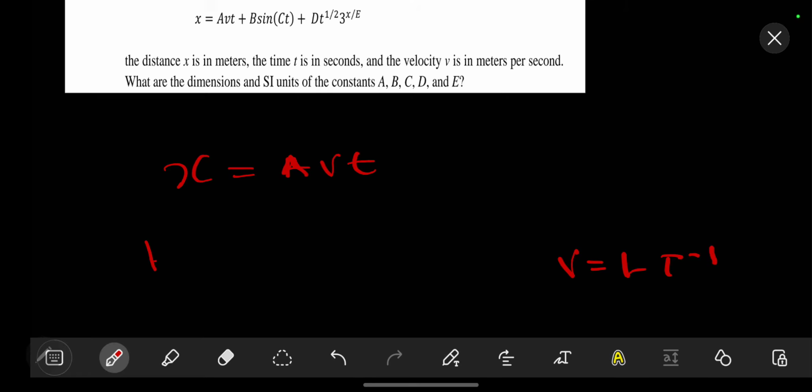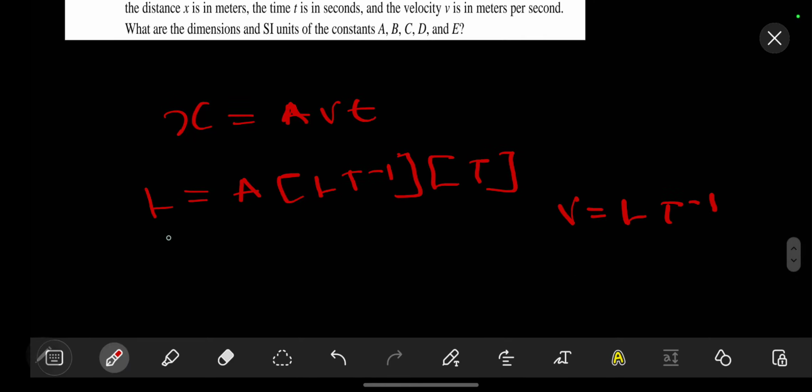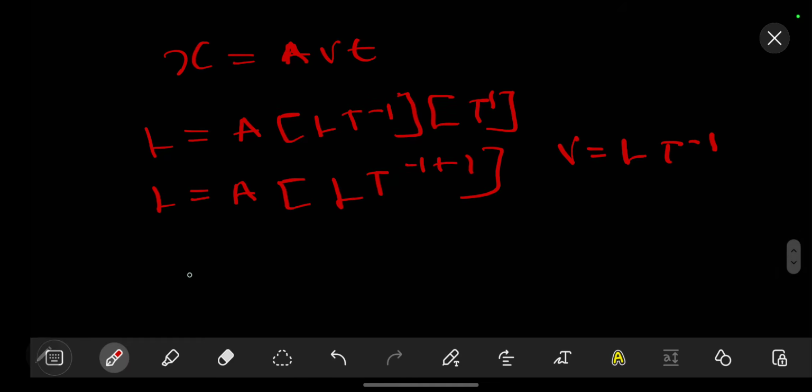So where there is x, we put L, which should be equal to A, then the velocity LT to the power negative 1, then our time t, which should be the capital letter T. So we have L equal to A, then LT negative 1. If they are multiplying, the powers add up, so we are going to have plus 1. So we have L equal to A, then we have our L, like that.